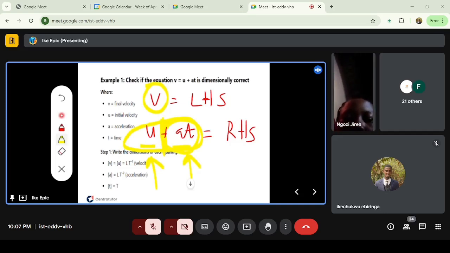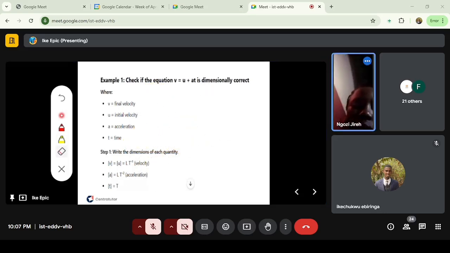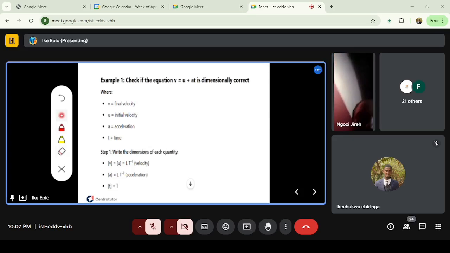So let's see what I mean by all this. We have V representing final velocity, U representing initial velocity, A representing acceleration, and T representing time.